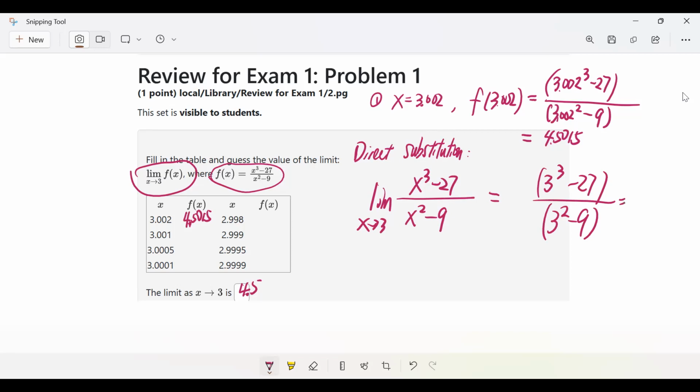Then 3 cubed is 27 minus 27, over 9 minus 9. And this is 0 over 0. It's undefined. So that's why direct substitution doesn't work here. And that's why we come up with this method, this table method, to estimate the limit.